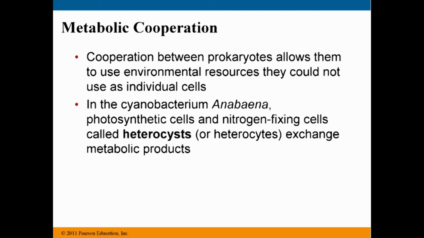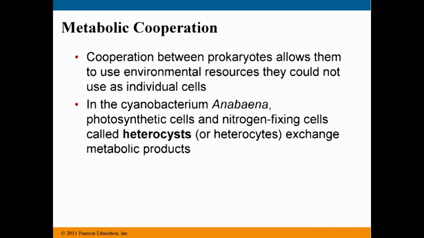There are times when there's cooperation between prokaryotes that allows them to live in environments that they may not be able to live in on their own. The example they give here is Anabaena, and we looked at Anabaena several times in lab. Most of the cells of Anabaena are photosynthetic, but there are also nitrogen-fixing cells called heterocysts that help exchange metabolic products such as nitrogen.